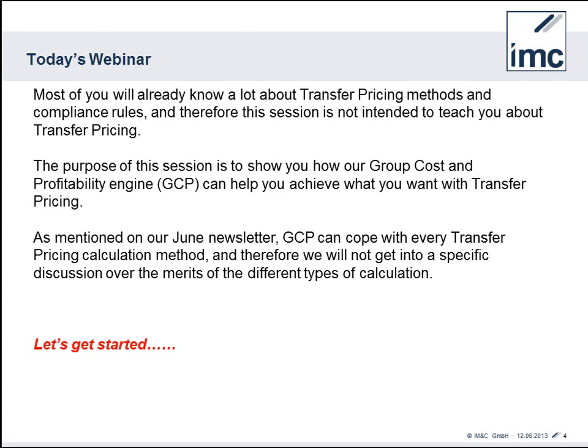GCP in this particular scenario can cope with any transfer pricing calculation methodology, so we are not favoring cost plus over anything else. Later in the slides there will be an example based on the cost plus methodology, but this is just because we were looking for an example; in reality we can cope with any type of calculation.